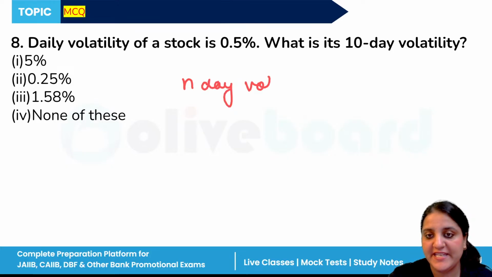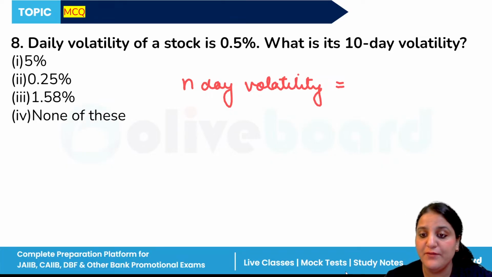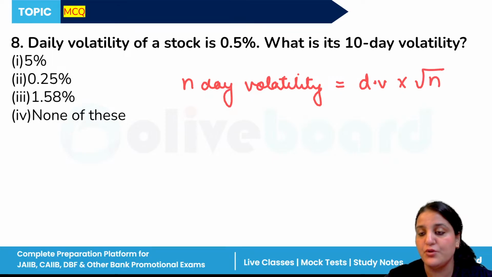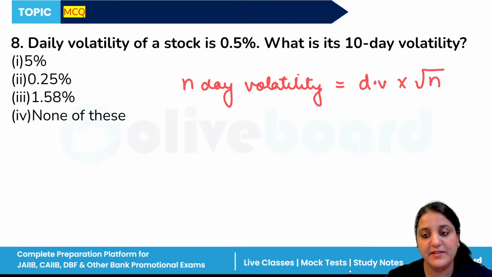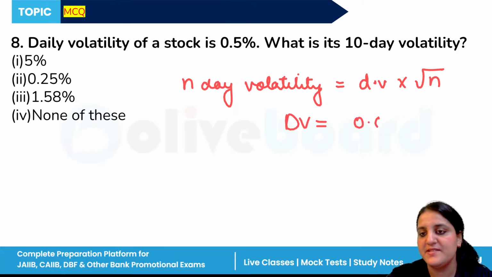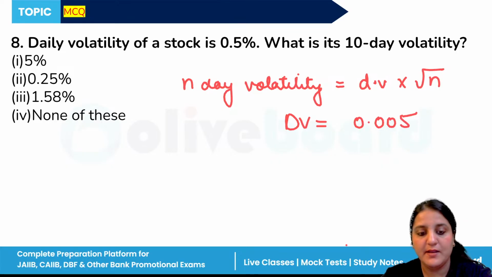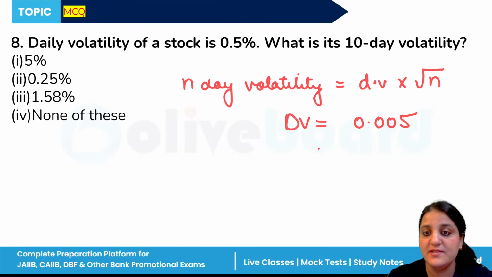For n-day volatility, it is equal to daily volatility multiplied by the square root of the number of days. Now daily volatility is given, 0.5%. That means it is equal to 0.005, right? And here n is given, which is 10 days.